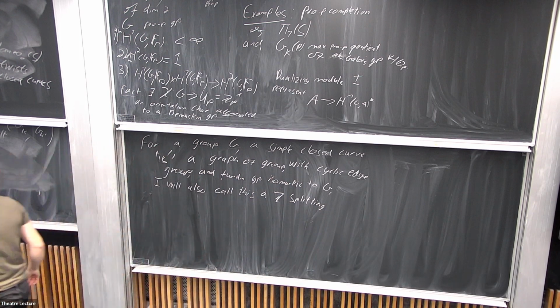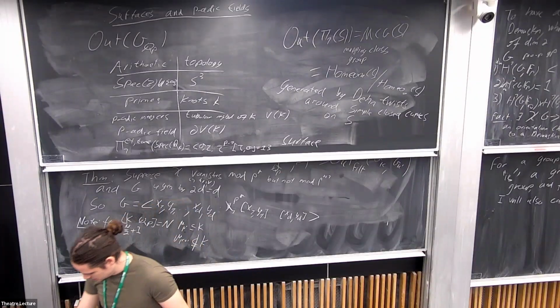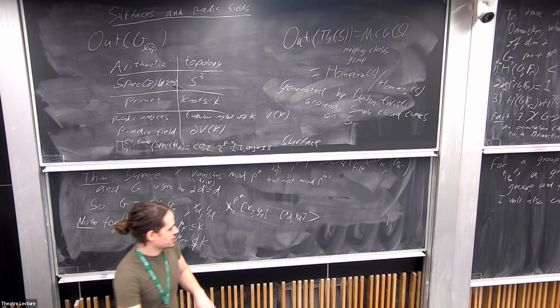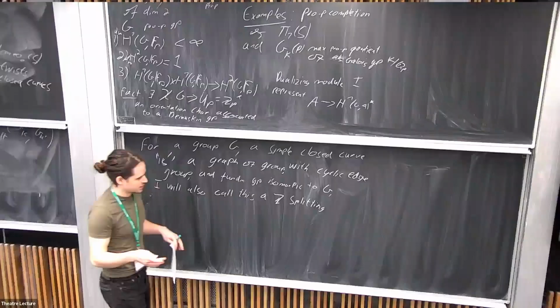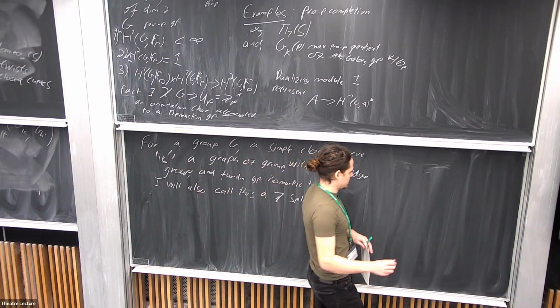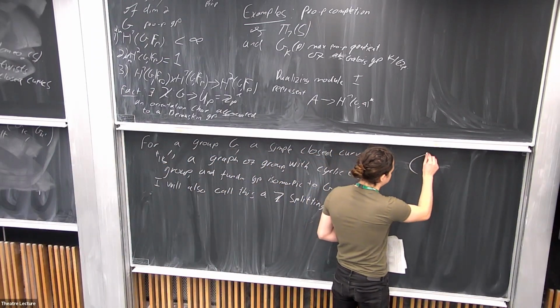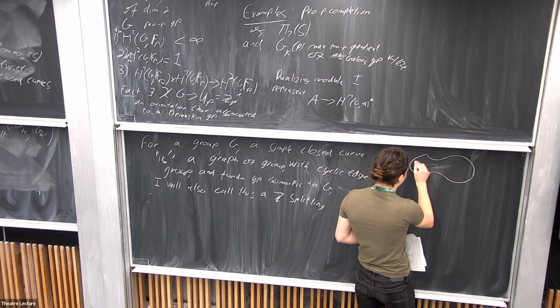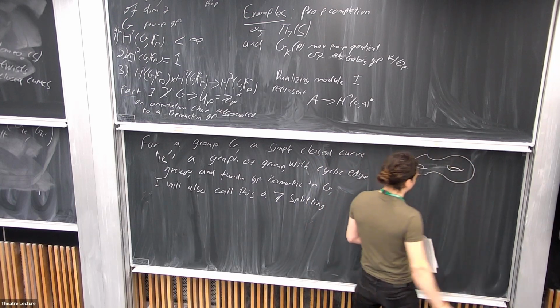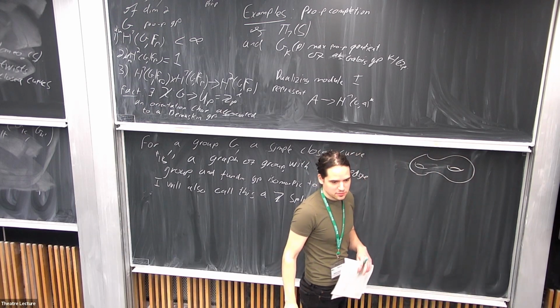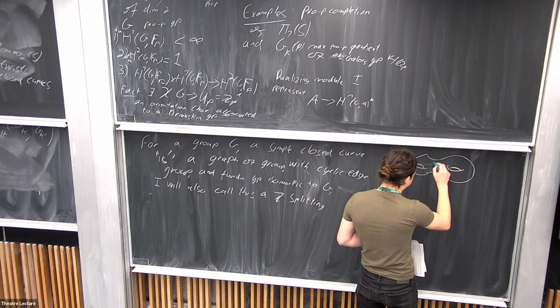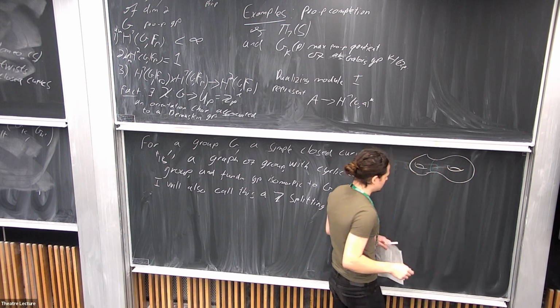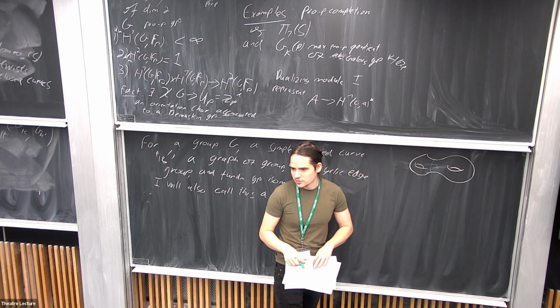And what do I mean by graph of groups? I'll talk about the simplest types of graphs of groups. Suppose we have this surface S, and I have a simple closed curve alpha on it.